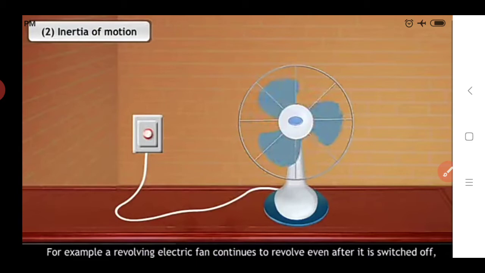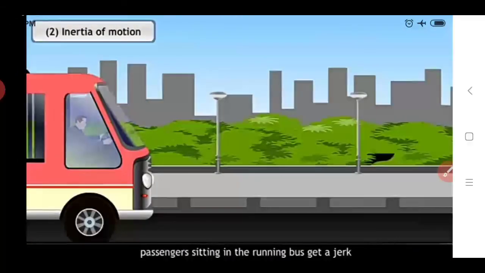So this inherent property of objects to remain in their state as it is, is called inertia of motion. Okay, so here we see the second type of motion, that is the inertia of motion.